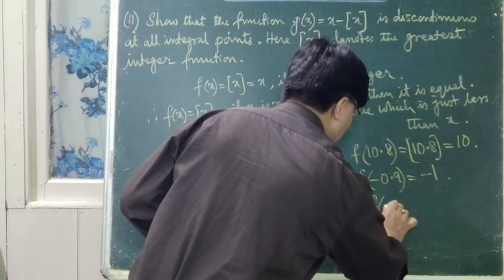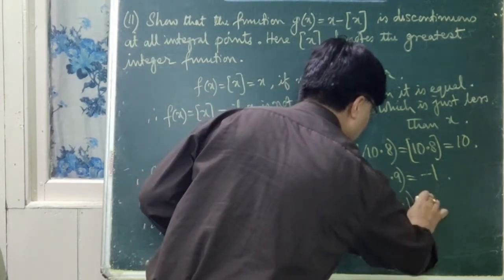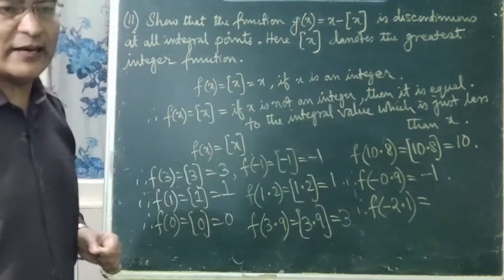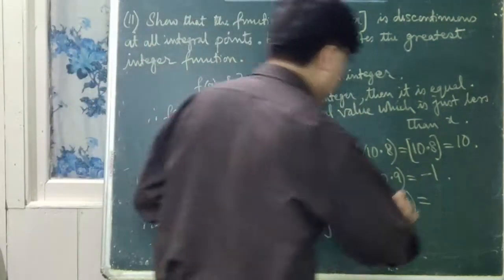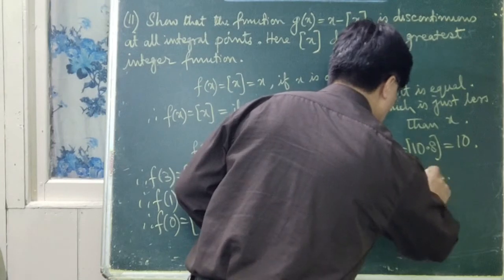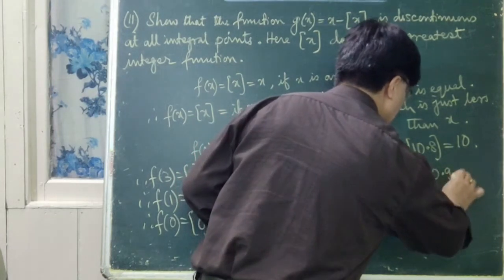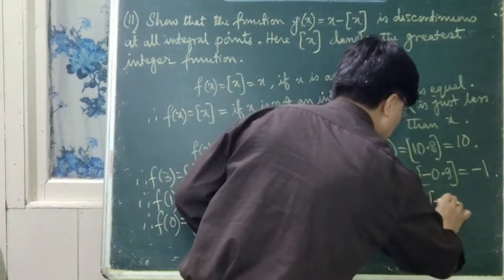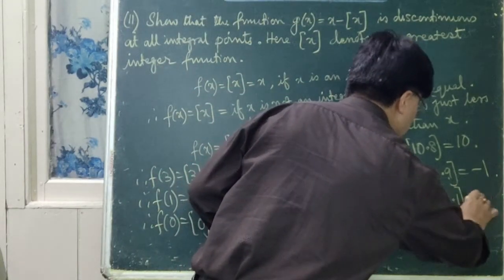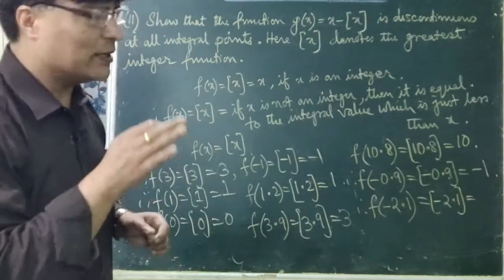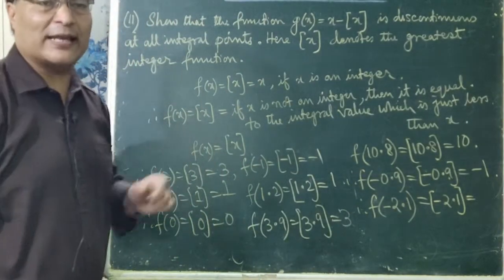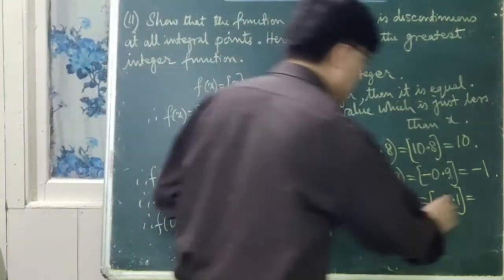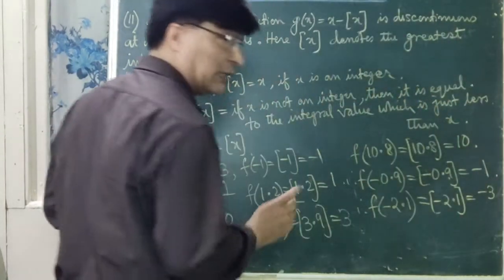If you have f of minus 2.1, what is its value? Within third bracket minus 2.1, which is the integral value just less than minus 2.1? That is your minus 3, right?